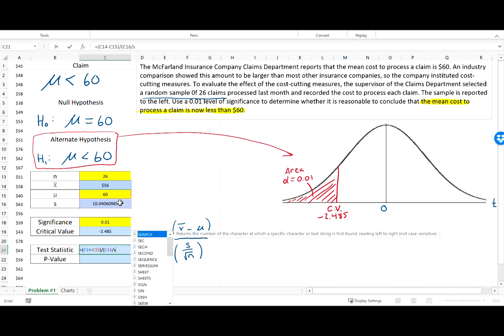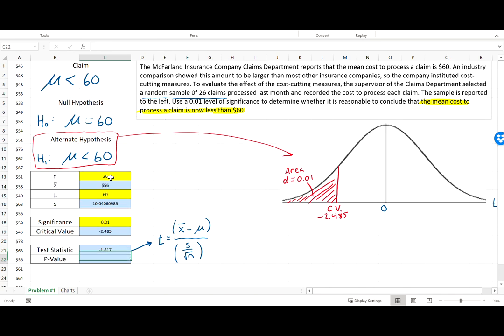So divided by SQRT, parentheses, of n. So n is here at C13. Close parentheses, close the other parentheses, and that should do it for the test statistic.